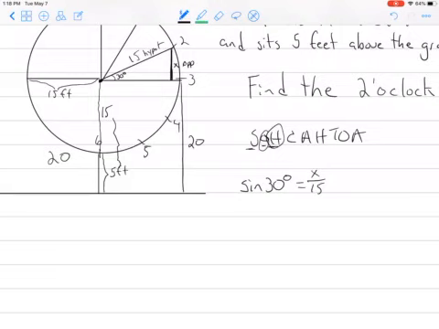Sine of 30 is 0.5 equals x over 15. Then times 15 on both sides, which should be 7.5. So x equals 7.5.